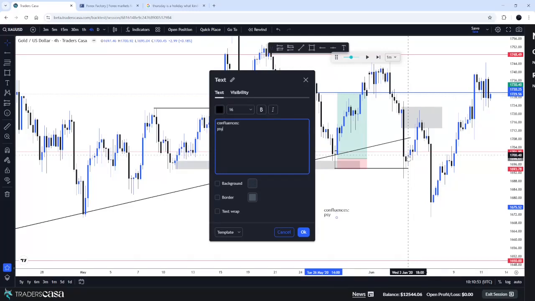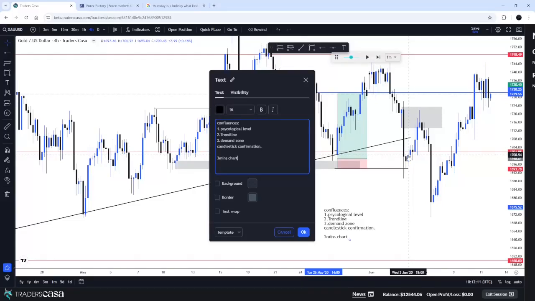We had our psychological level, then two, we had the trend line, so after the trend line we had our demand zone, then we had our candlestick on the 3 minutes chart.